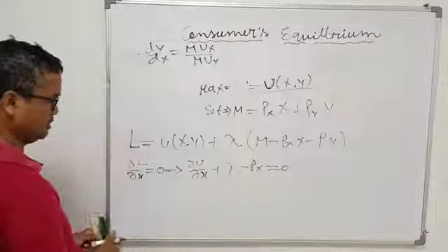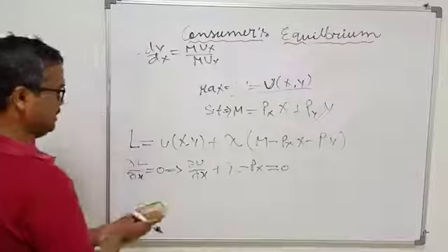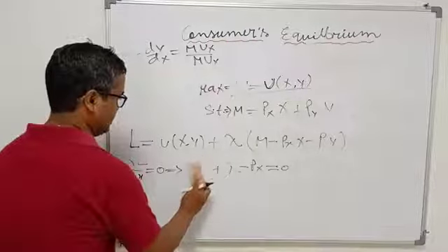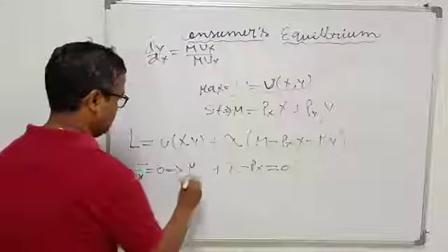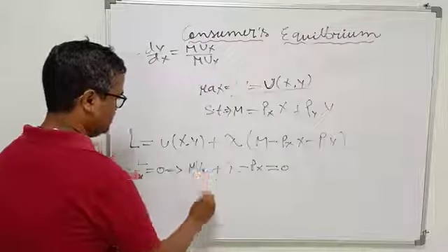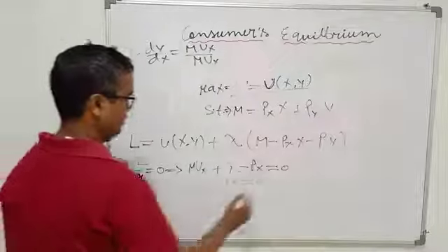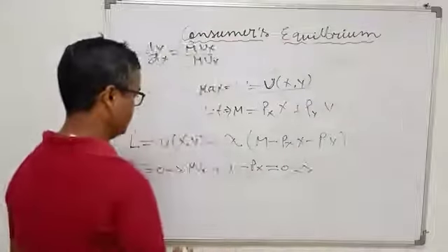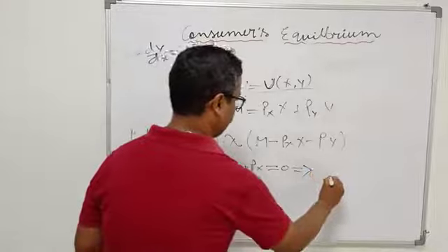I assume you know these things. Instead of writing del u by del x, you can directly write the change in utility as a result of changing x, or we can write marginal utility of x. From here, what can we know in terms of lambda?